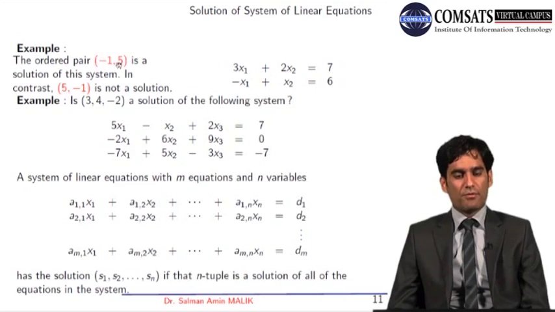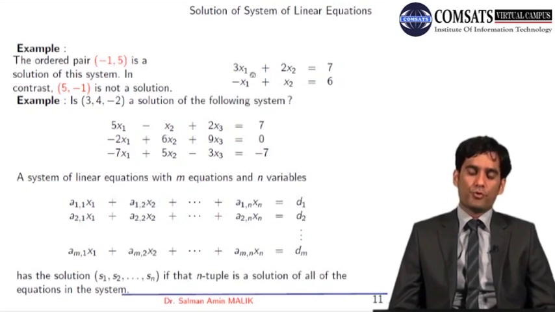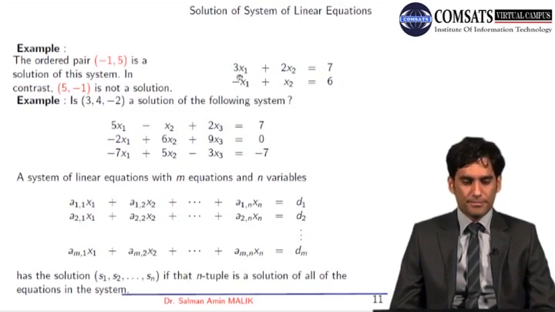So the ordered pair (-1, 5) is a solution of this system, whereas (5, -1) is not a solution of this system of linear equations with two variables and two unknowns.